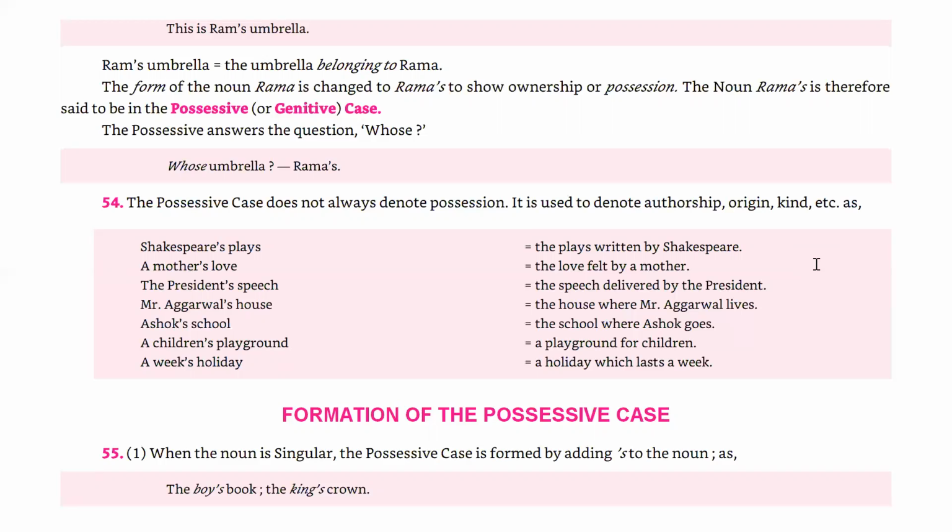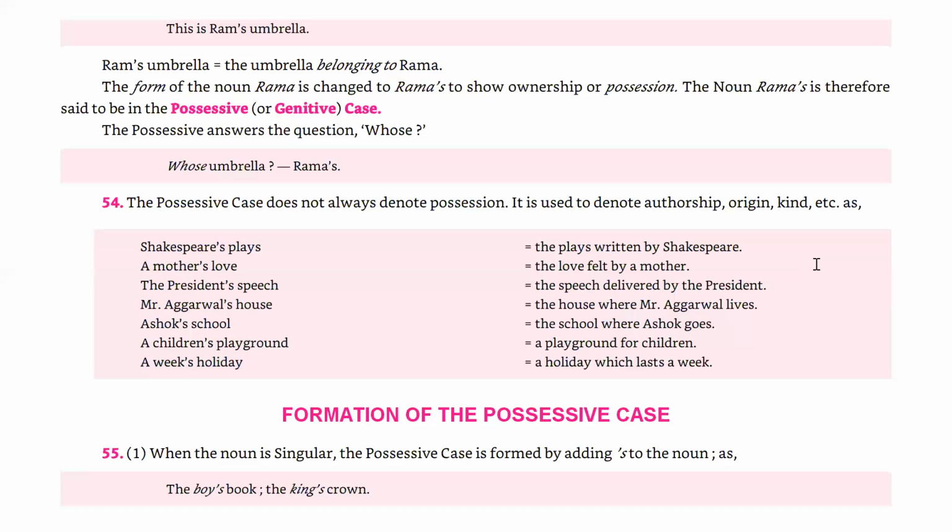So it answers the question, whose? Whose umbrella? Rama's umbrella. Whose play? Shakespeare's play. Whose love? Mother's love. Whose speech? The president's speech. Whose house? Mr. Agarwal's house. Whose school? Ashok's school.